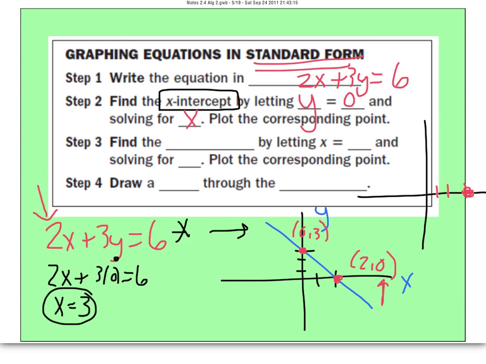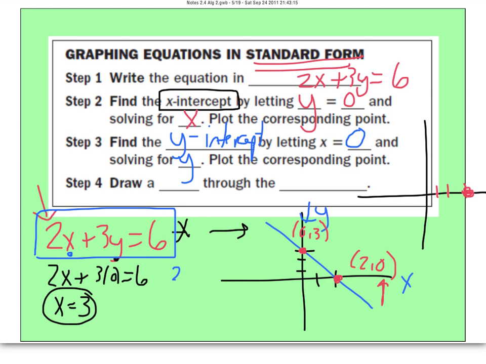Now, let's do step 3. We're going to find the y-intercept by letting x equal 0, and then you're going to solve for y. So for this one, if we go to our new equation here, I'm going to set x equal to 0.